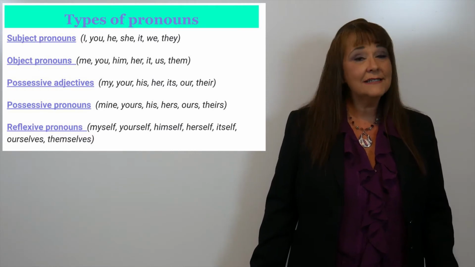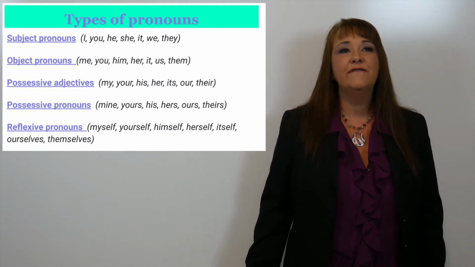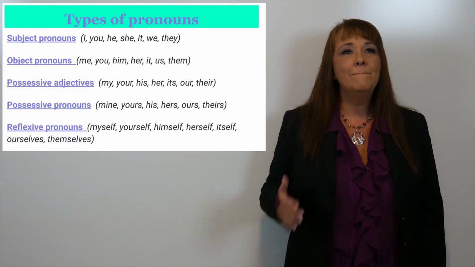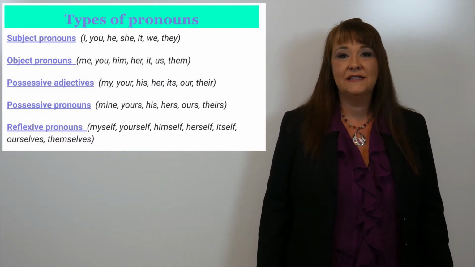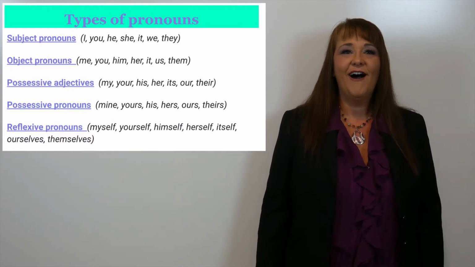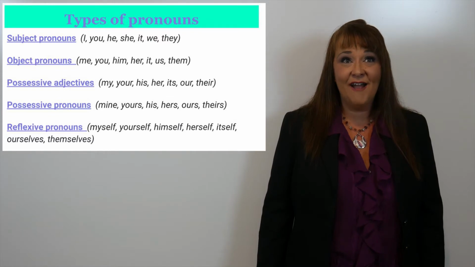And then the last type of pronoun is a reflexive pronoun. Myself, yourself, himself, herself, itself, ourselves, and themselves. Confusing? Well, let's take apart each one of those types of pronouns.